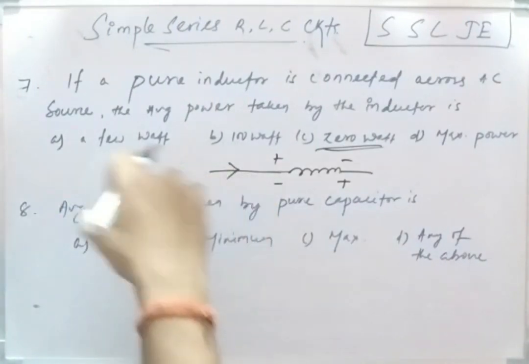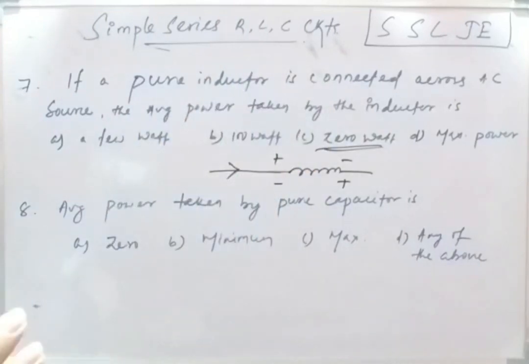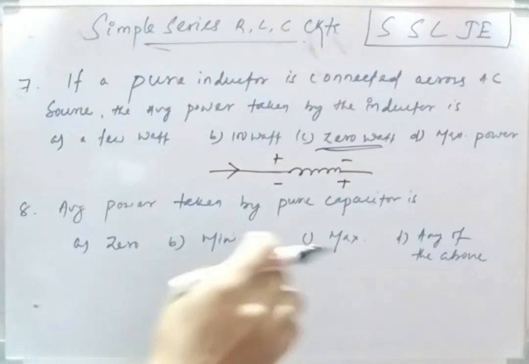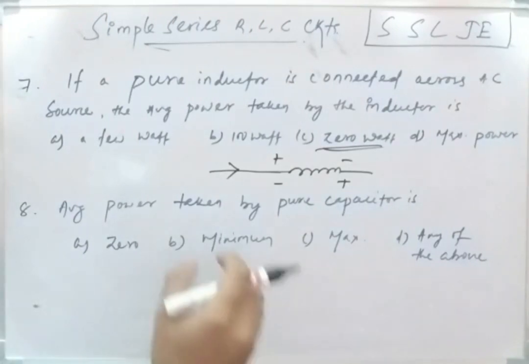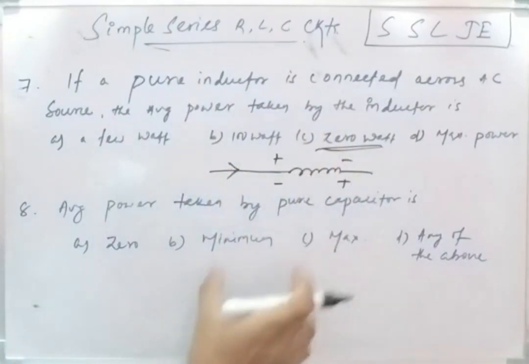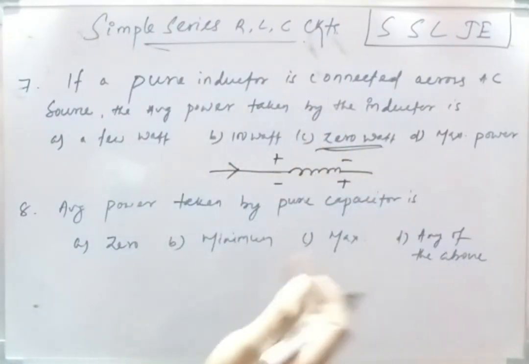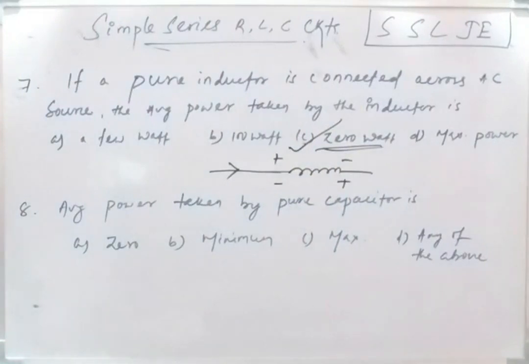So for the positive half of the AC source, it will get charged, and for the negative half of the AC source, the current direction will be changed and it will get discharged. So the net amount of power in the inductor will be 0. So option C is correct.